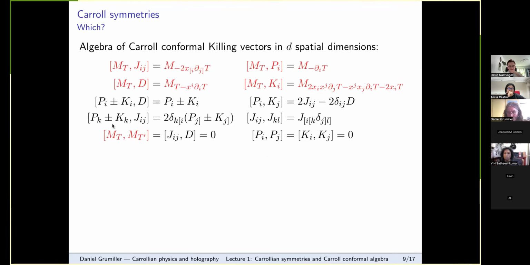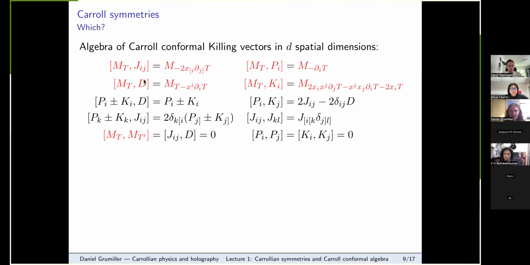The only changes here as compared to standard conformal symmetries are the red commutators, and they involve all supertranslations. That makes sense, of course. This is the main new thing as compared to standard conformal symmetries. First and foremost, they commute mutually, as I mentioned already. That's why they're called supertranslations.